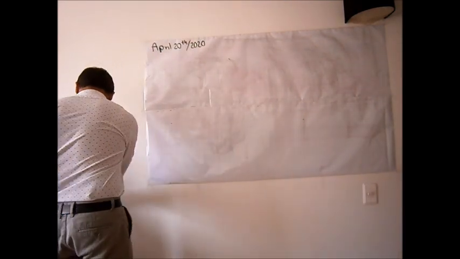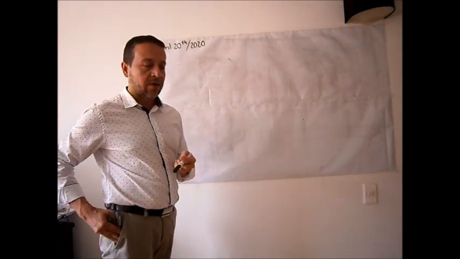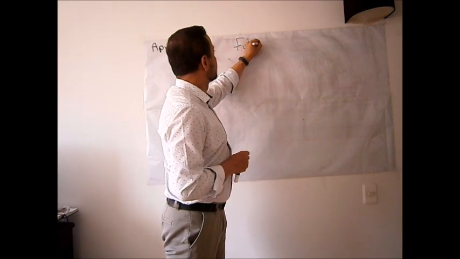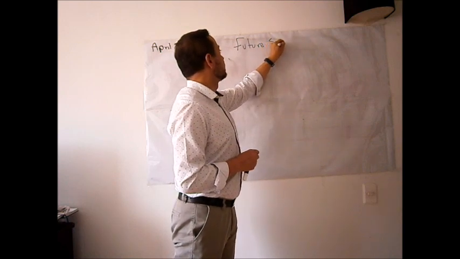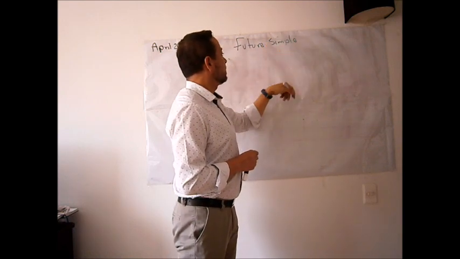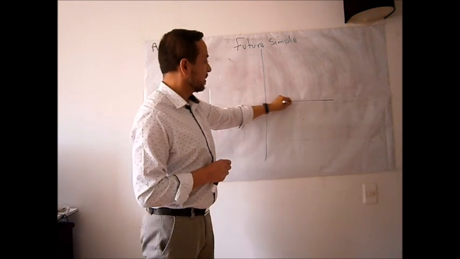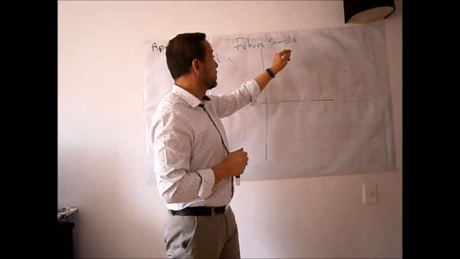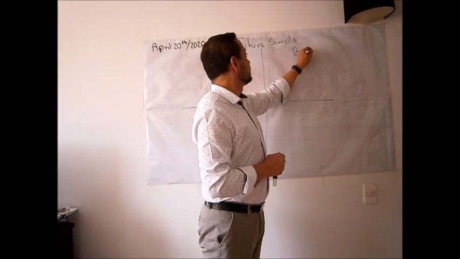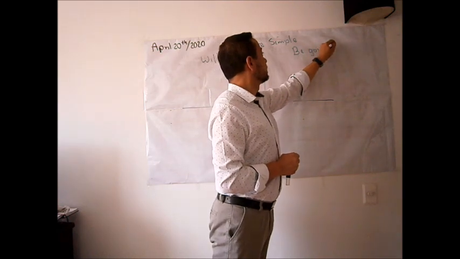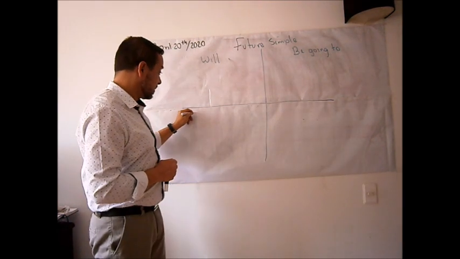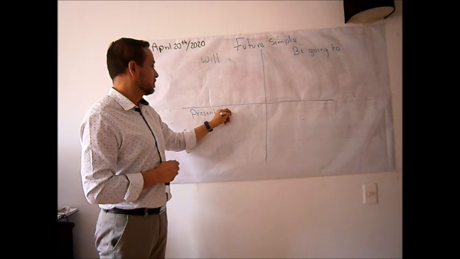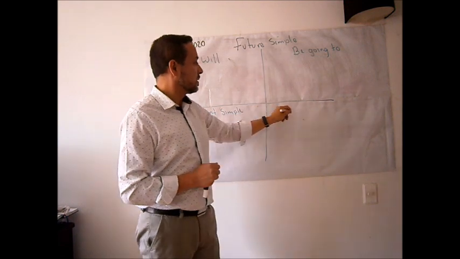Today we are going to see the verb will, but the future simple is divided in 4 tenses. One is will, another is be going to, another is the present simple, another is the present continuous.